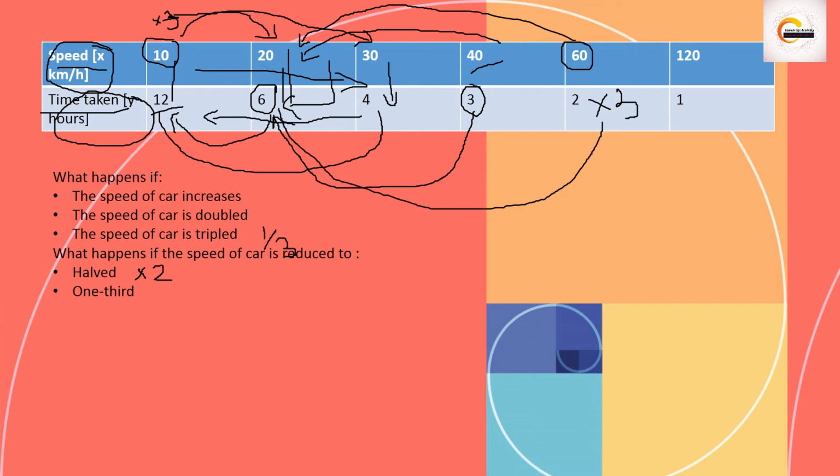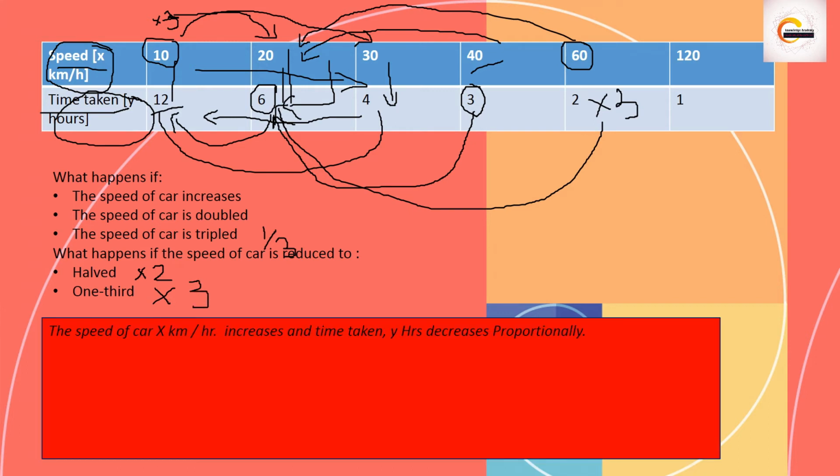You can see that 3 multiplied by 2 is 6, and this is our time. So if the speed is reduced to 1/3, its corresponding time will be tripled.